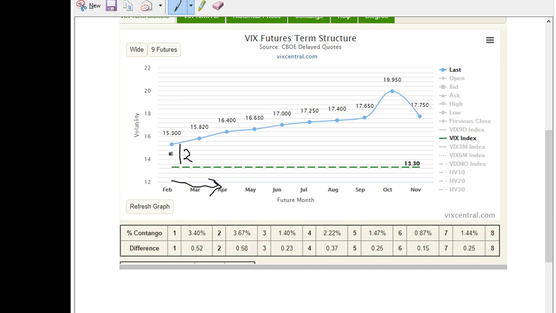So although contango level has dropped, the difference between these two futures is less at the moment. Even though that is less, the space between the futures and the VIX is bigger.